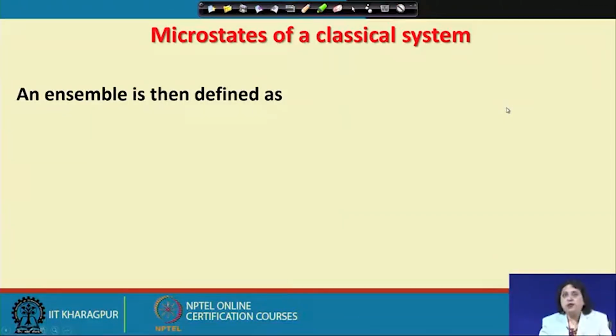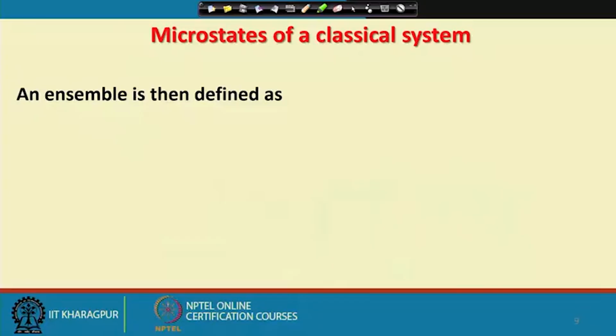But before I go into that, let me explain the next concept that we had associated with microstates, and that is the concept of an ensemble.